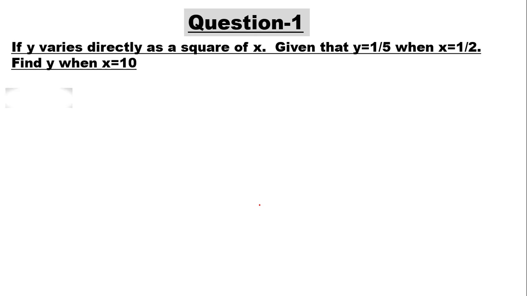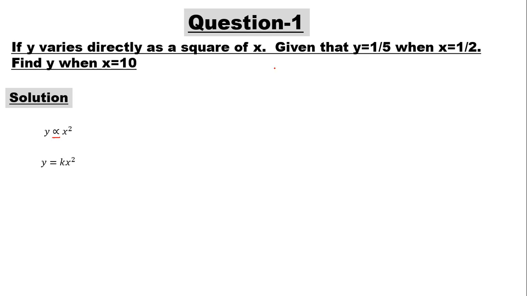So we will write y is directly proportional to x squared mathematically. Now if we replace this sign of proportionality with an equality, we have to introduce the sign of a constant, that will be k. So y will be equal to k times x squared.